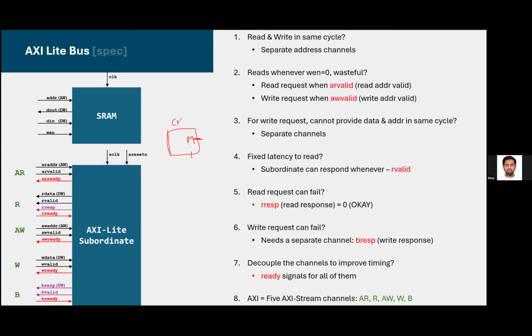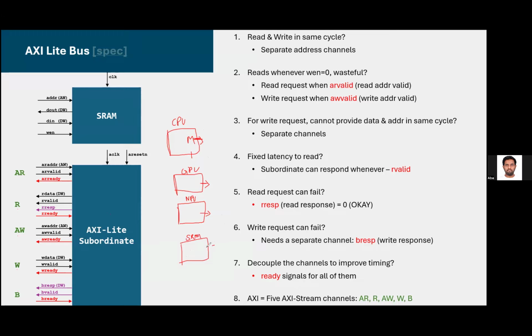Then you might have a GPU, and maybe an NPU or something. All of them will have a manager port, so I will put them like this. And then you also have a bunch of subordinates, say some memory, SRAM or something.